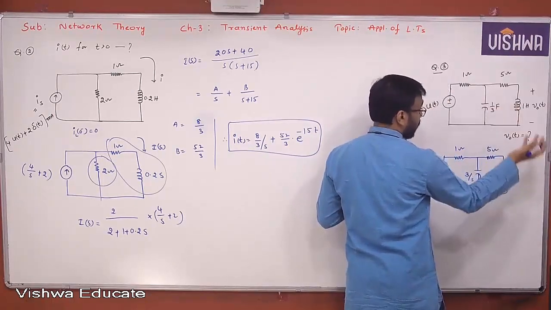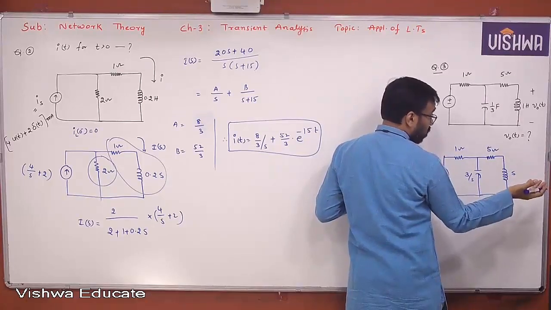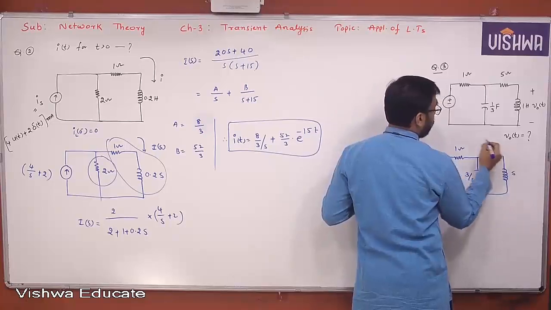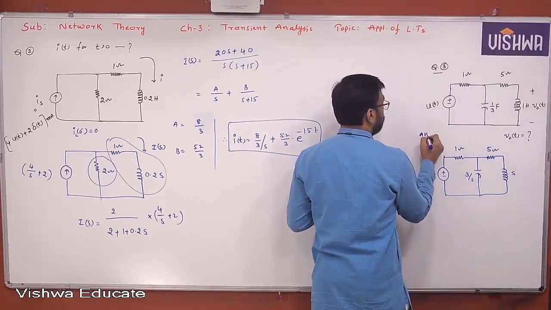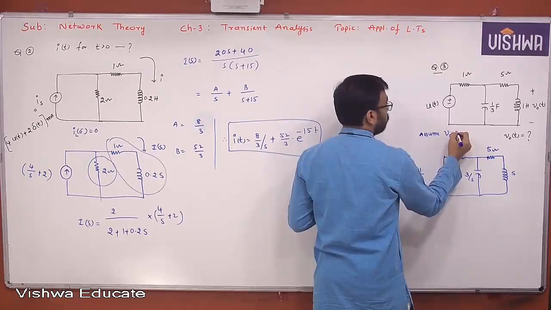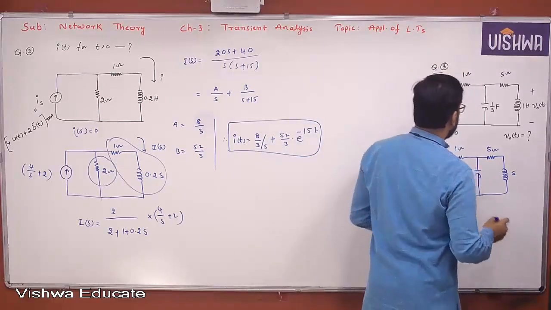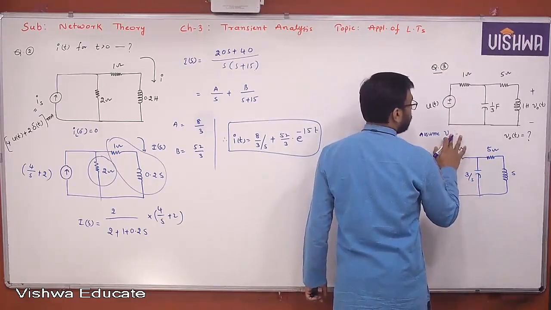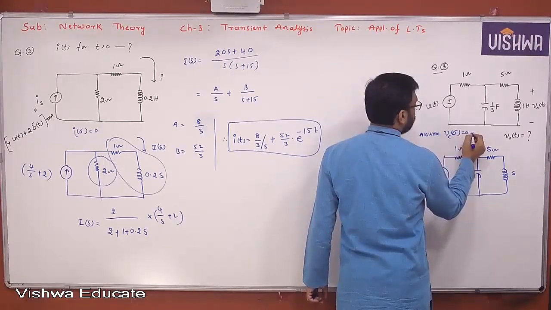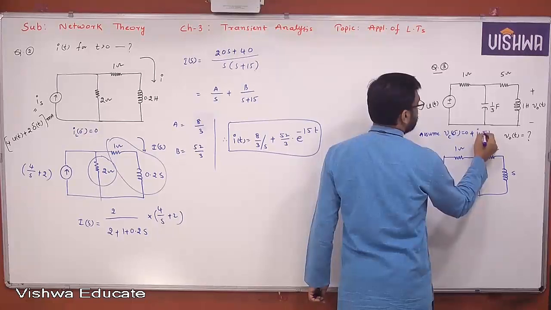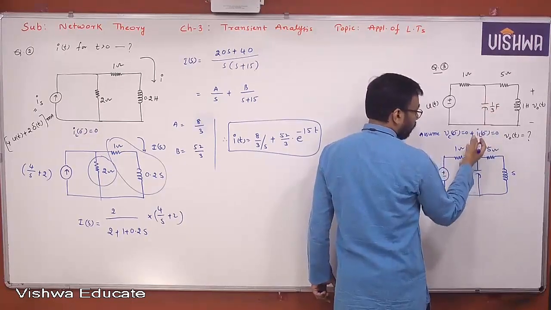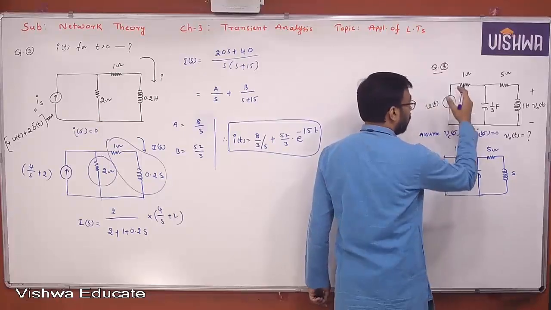Now, initial conditions are not mentioned. The 0 minus conditions are not given, and switching operation is not given. So you can assume that vC(0 minus) is 0 and iL(0 minus) is also 0, because he has not given the values of the 0 minus conditions, not even a switching operation.